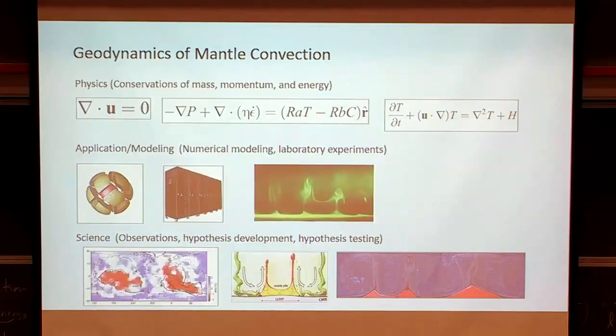So I normally talk, well, first of all, let me put into categories the different things that we do in geodynamics. I could put them into three different categories. One is physics. So the mantle behaves as a fluid, and we understand the physics of fluids.